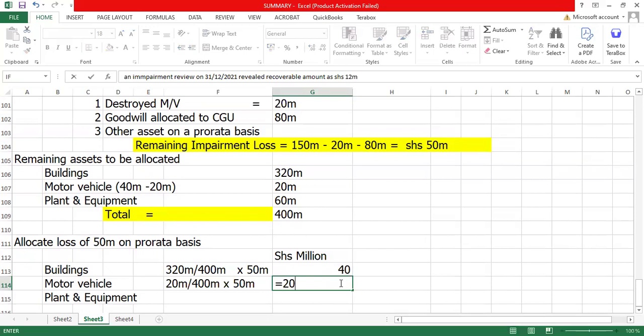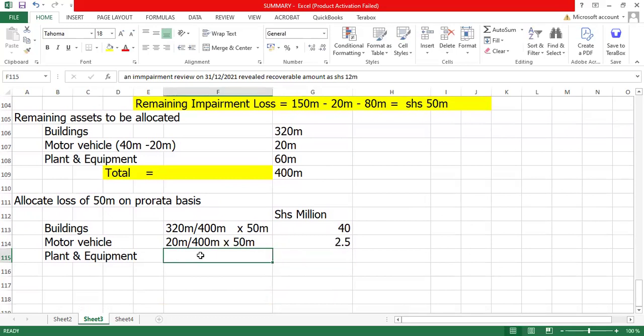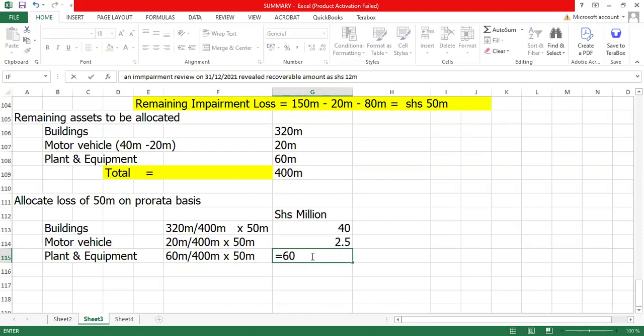Then equipment, 60 million over 400 million, then times 50. What do you get? 60 over 400 times 50.